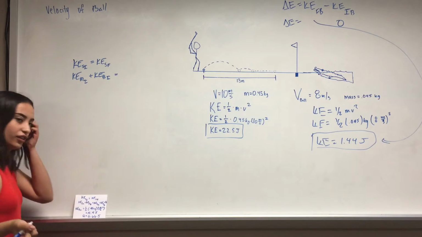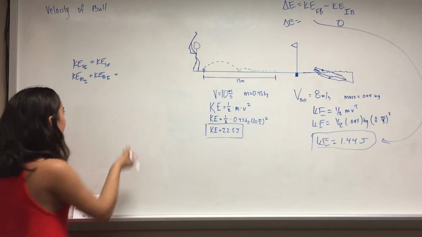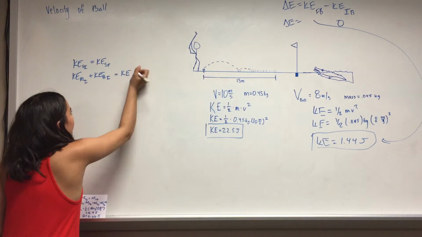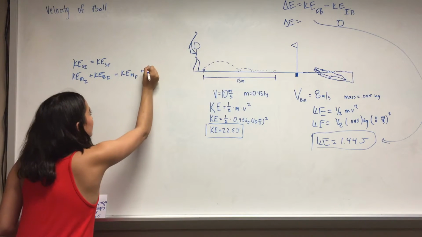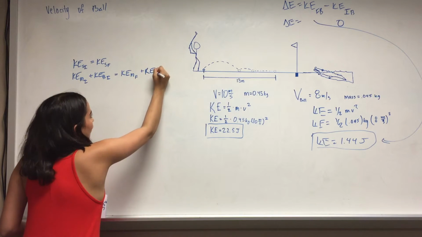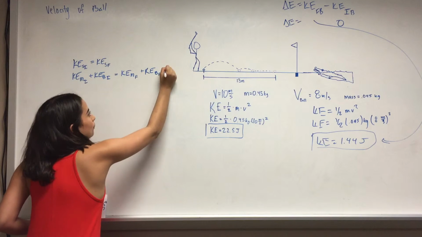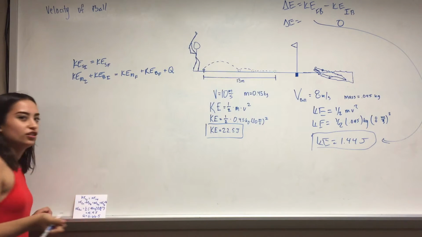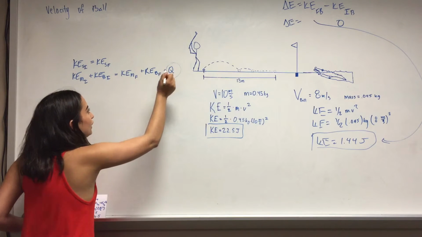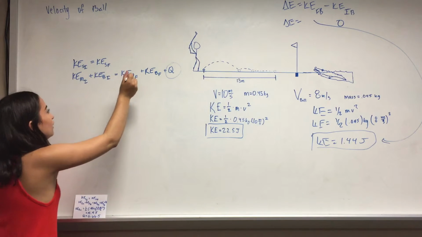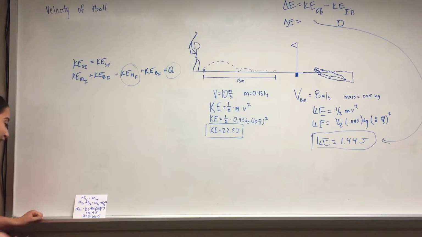This is equal to the kinetic energy of Marcus final plus the kinetic energy of the ball final plus heat, since we have some energy lost to heat. Now, we have two unknowns, heat and kinetic energy of Marcus final.